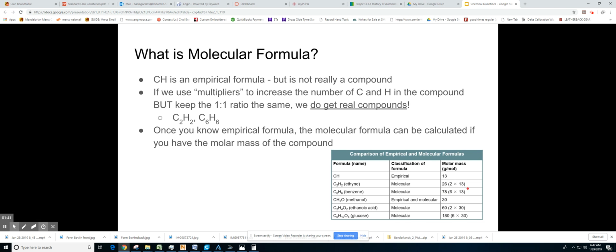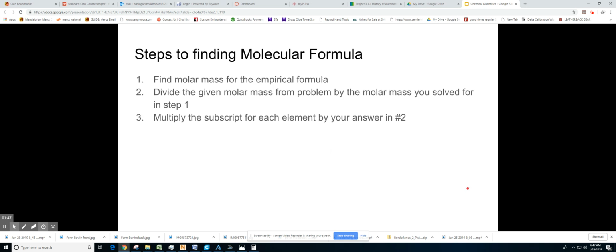So let's take a look at the steps that we need to figure out a molecular formula, and then we'll do some practice problems. So my steps to finding a molecular formula. The first thing I need to do is look at my empirical formula that I'm given in the problem and find the molar mass for that formula. I will also have been given a molar mass for a molecular formula.